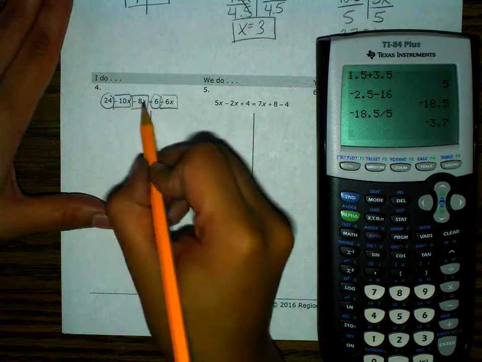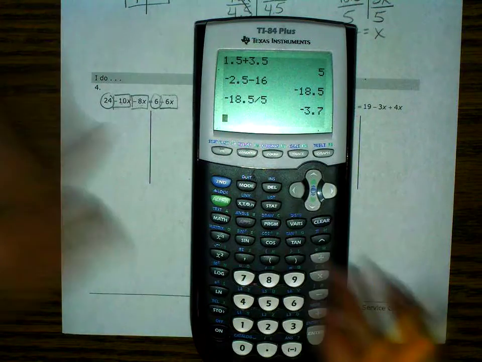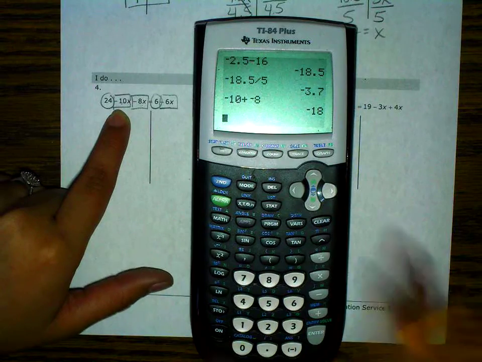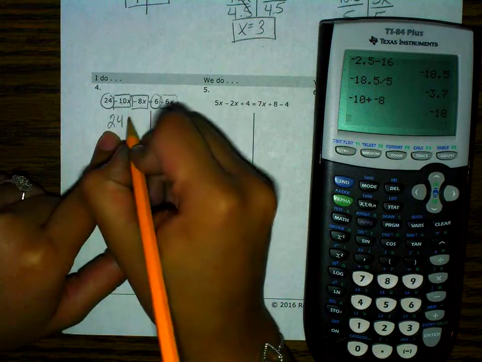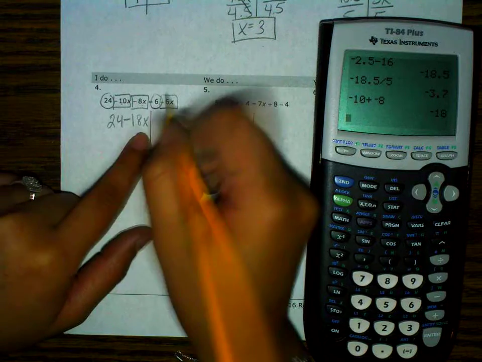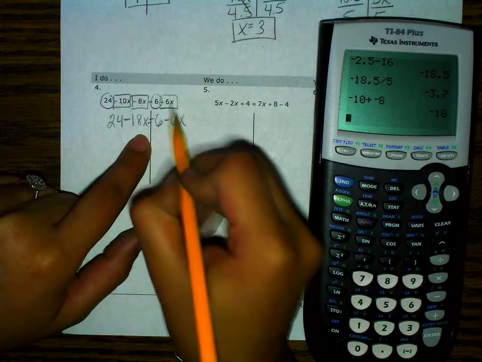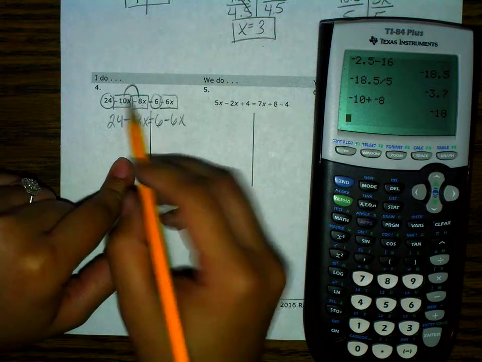So when we have two the same shape, we can add them together. So we're going to do that by taking -10 plus -8 equals -18. So we're going to say 24 minus 18x equals 6 minus 6x. So notice I just brought this down since I never touched it. All I did was combine these two because they were the same shape.